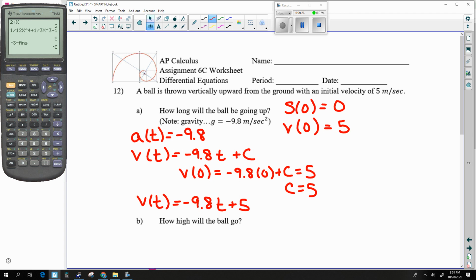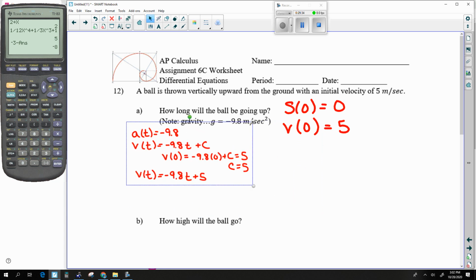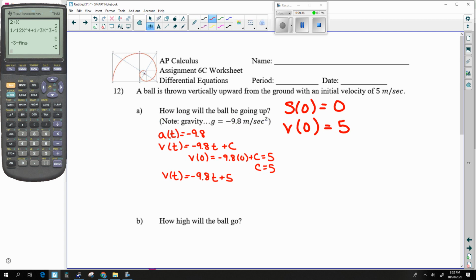All right, and so as I was describing, the question is how long does it take to get to the maximum height? How long does it take for velocity to get to 0? So I'm going to take my velocity formula and see what happens when the velocity is equal to 0.